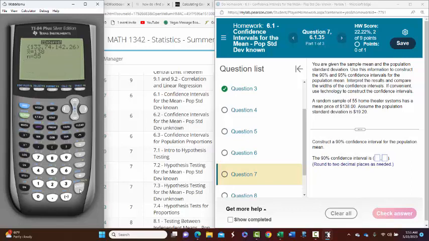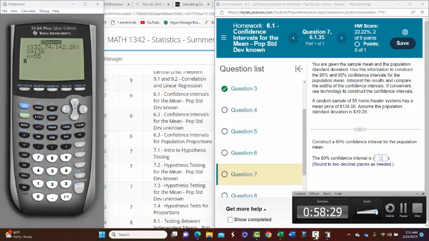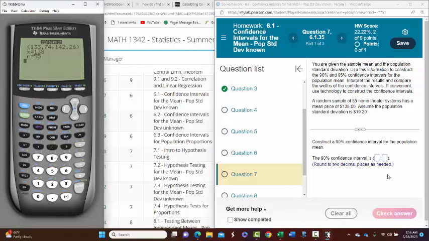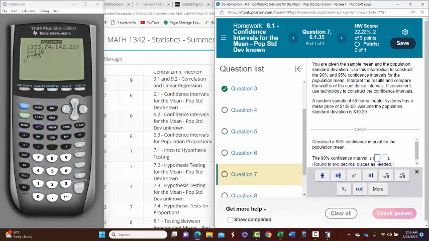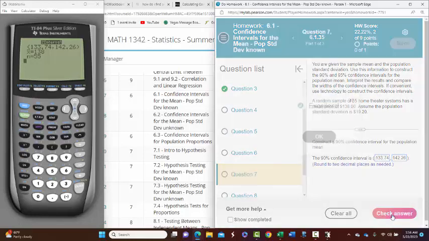Calculate. It wants 2 decimal places. So let's try 133.74 and 142.26. Let's check answer. Look at us.